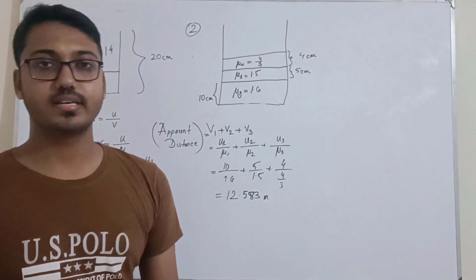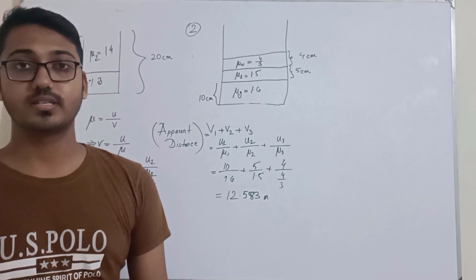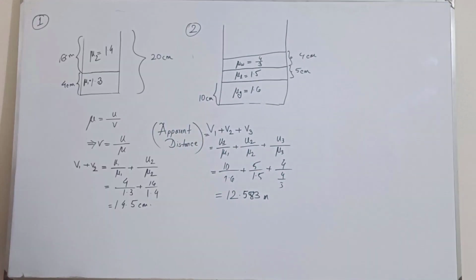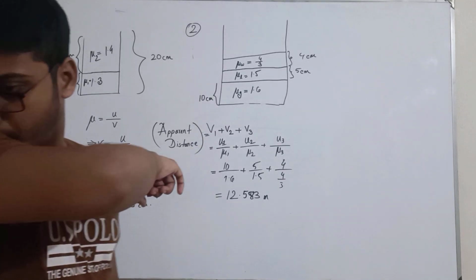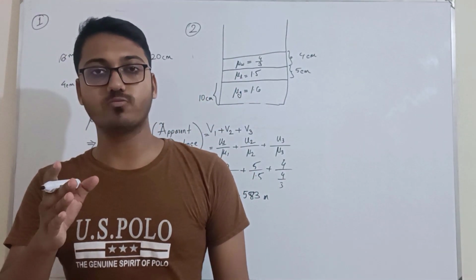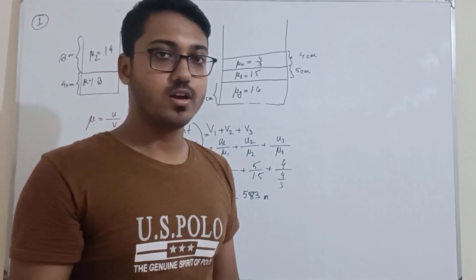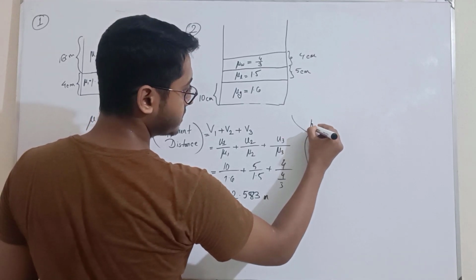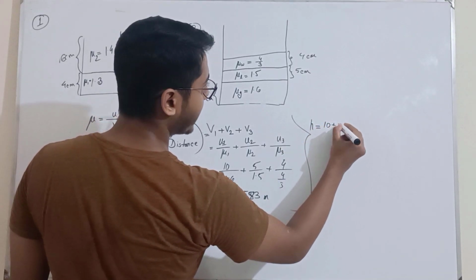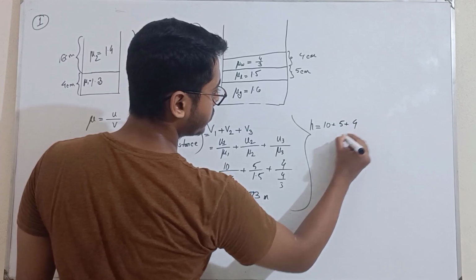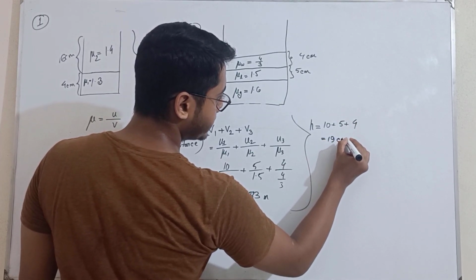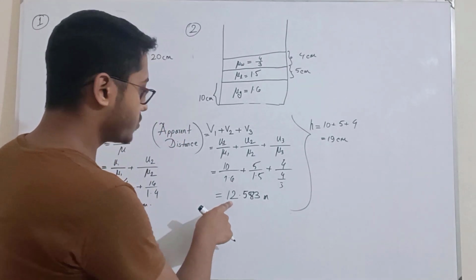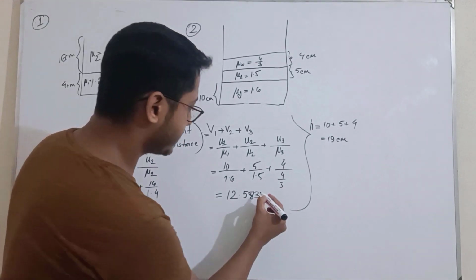In the question they asked about apparent displacement, but here we found the apparent distance. Displacement means how much it has deviated from the actual value, that is, how much above or below we are seeing the surface. The actual height was 10 plus 5 plus 4, that is 19 centimeter, but the apparent distance is 12.583 centimeter.